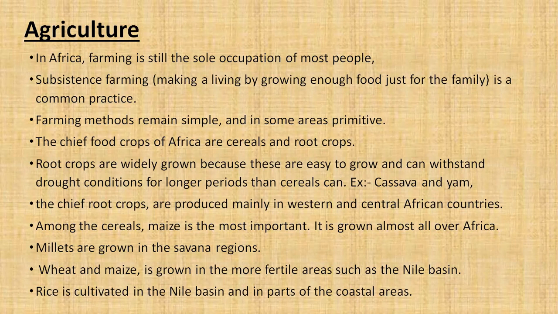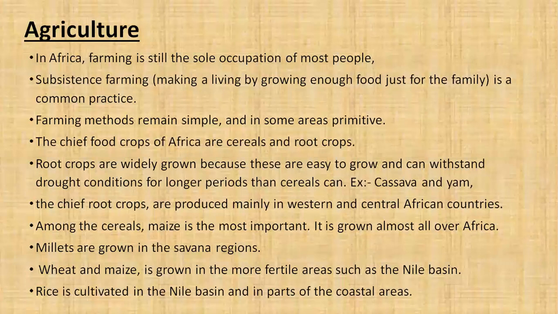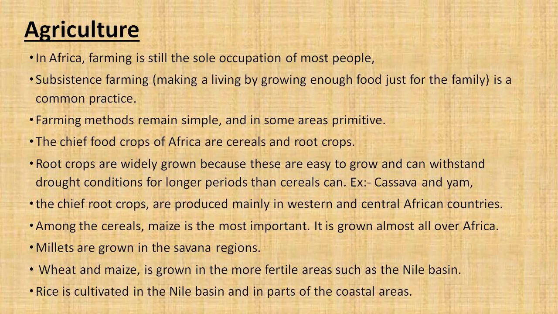Mainly they practice subsistence farming, like making a living by growing enough food just for the family. If they have an agriculture field, they have the field only for their family, which means they are not going to produce more for outside sale. They are producing food crops or any crops only for their family.